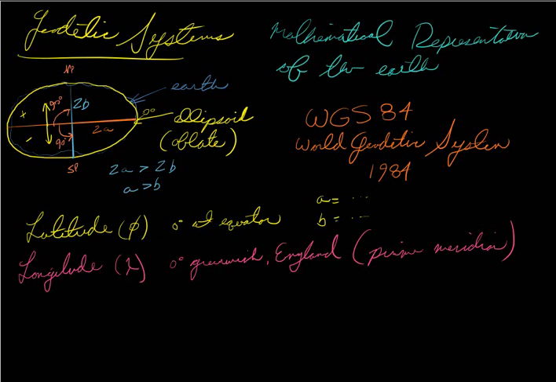And for longitude, if we're looking down at the Earth, if the North Pole is right in the center, right, we're looking down at the Earth now, so the North Pole is a little dot.